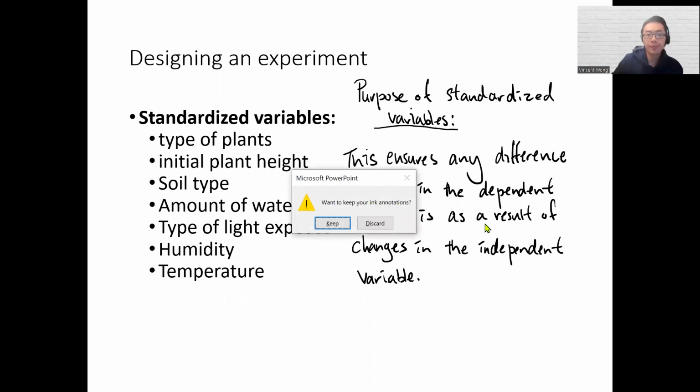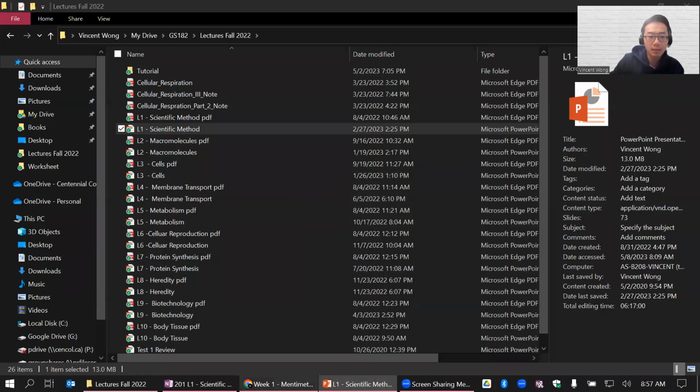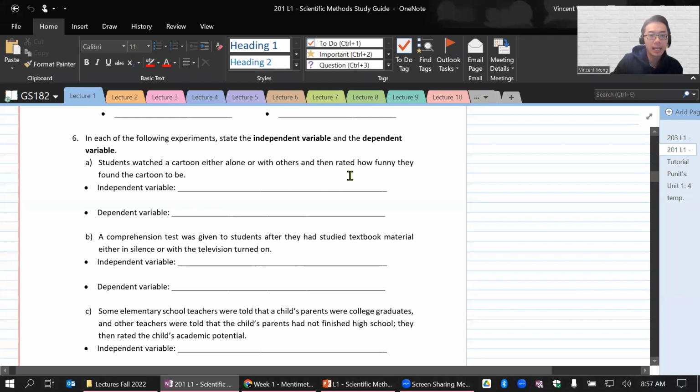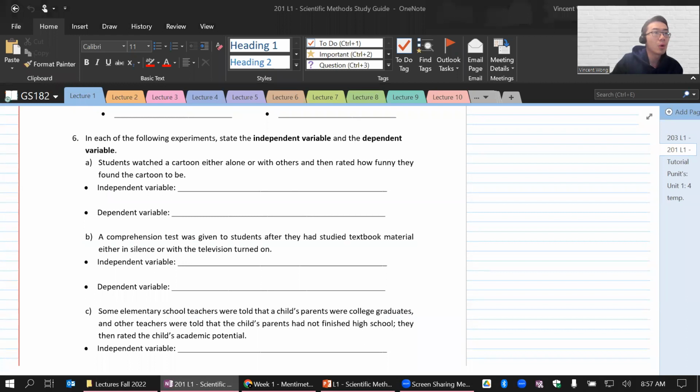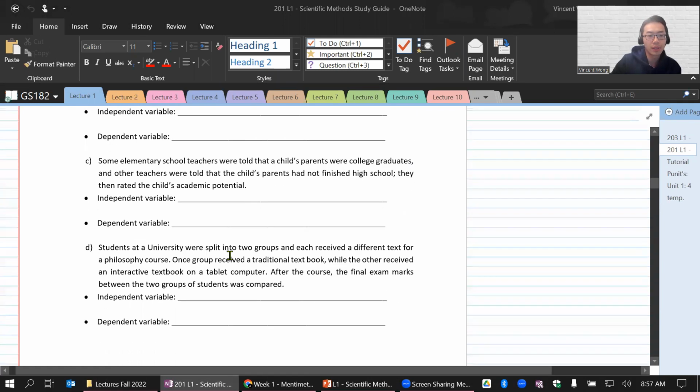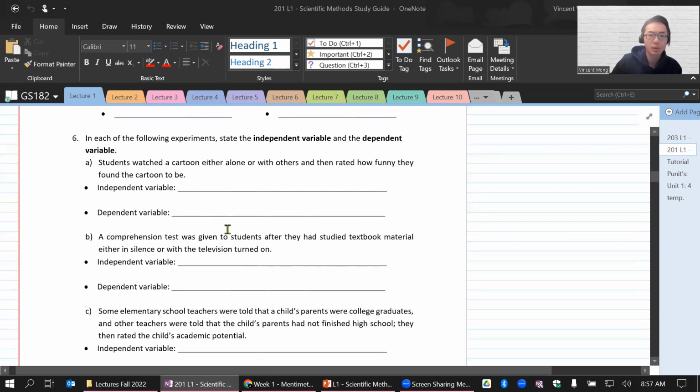Okay, we're going to do an exercise right now. If you have the study guide, please go to, I think, page 2. We're going to be doing number 6 right now. I am going to put you guys in groups, and I want you to work on these questions. If you don't have it, you can just look at it from the screen.